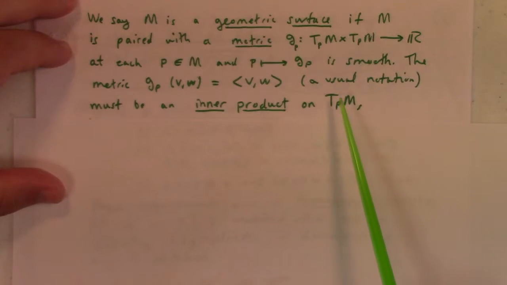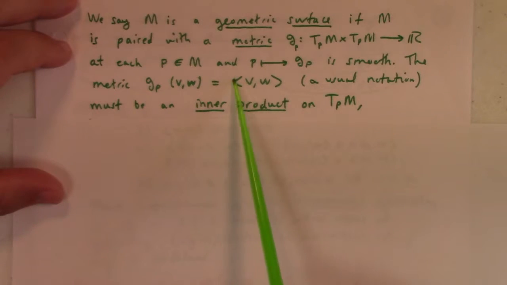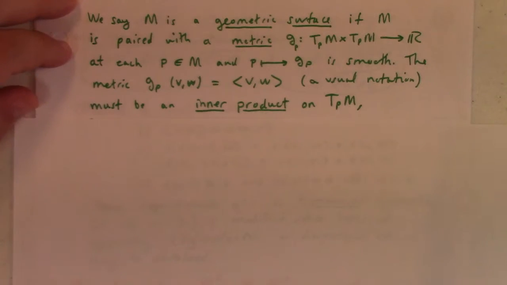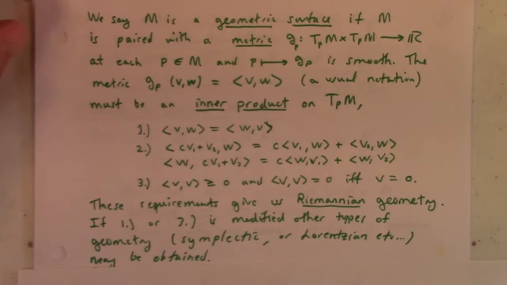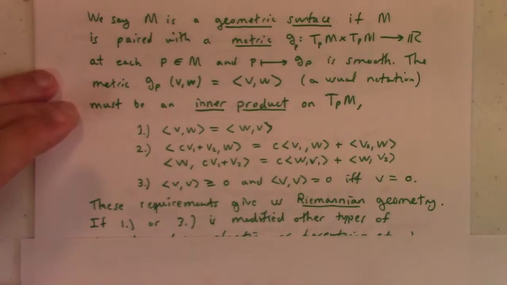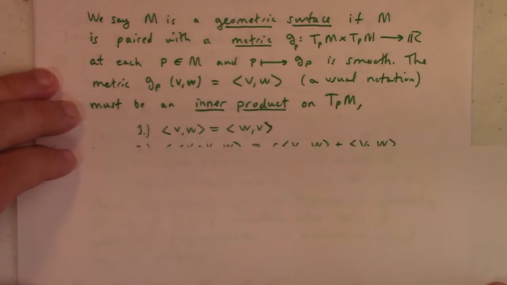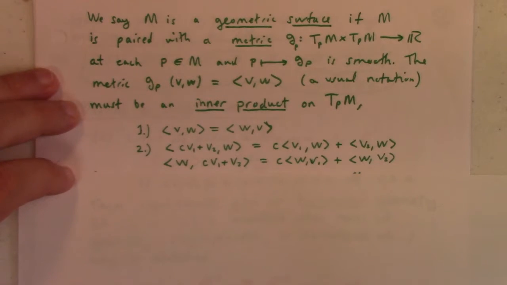Beware that this usually doesn't mean the dot product for the curved geometric surfaces we consider in Chapter 7 and beyond in O'Neill. And this has to be an inner product. Now, what does that mean? Well, in case you forgot from linear algebra, an inner product satisfies these 3 lovely properties. First of all, it's symmetric. Second of all, it's bilinear.